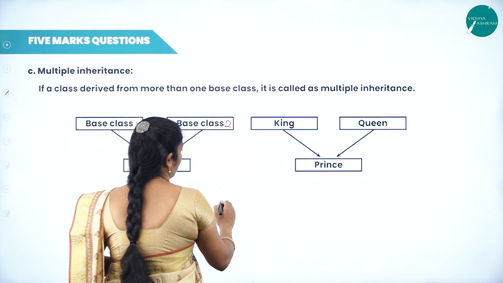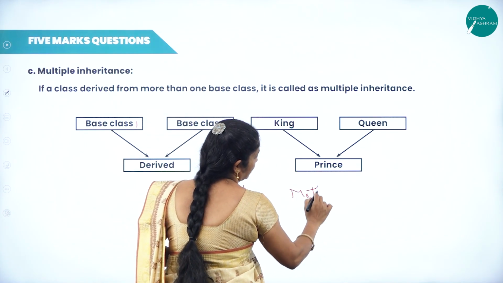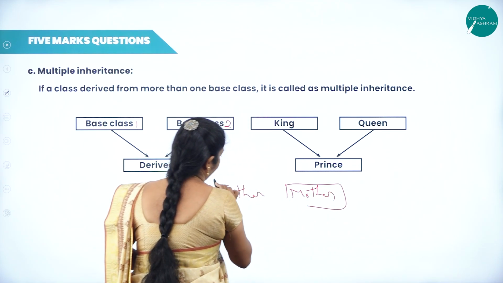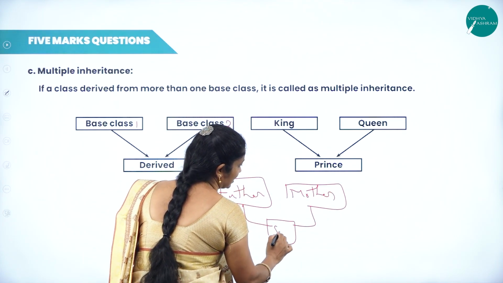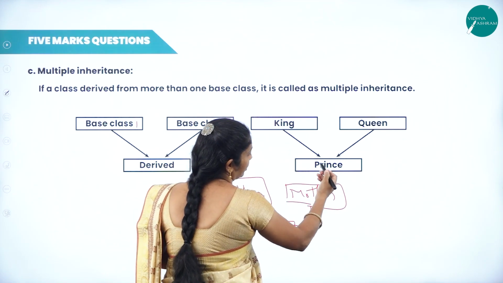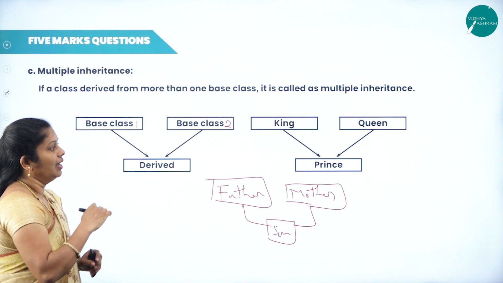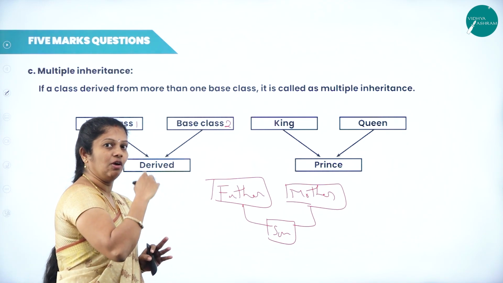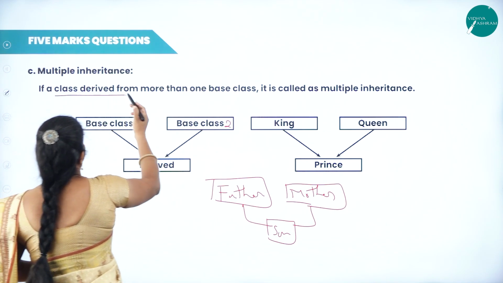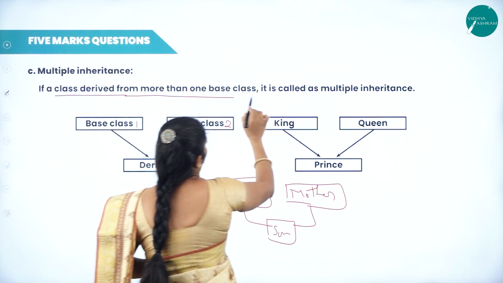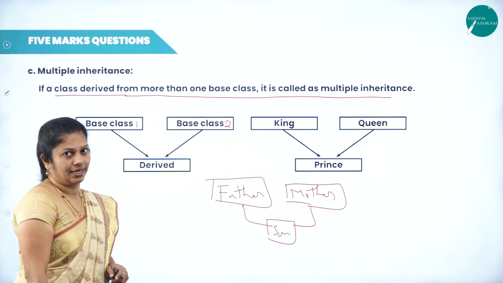For example, one more I will take: father, mother. These are the base classes. From these base classes, I am creating only one derived class called son. If I consider prince, then king and queen we can consider here. That means here the derived class is developed from more than one base class. If a class is derived from more than one base class, then it is called multiple inheritance.